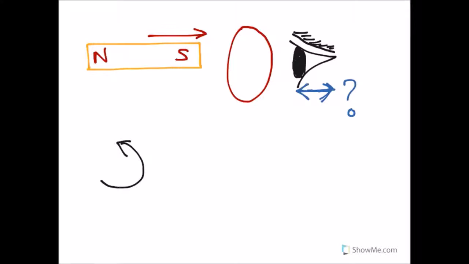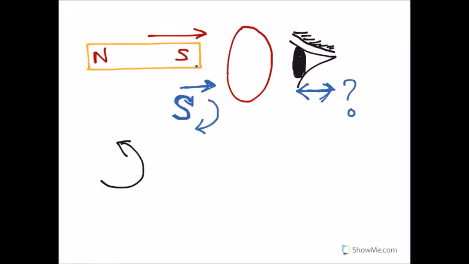Since the south pole of the bar magnet is moved towards the loop, if we look at the loop from this side, it should develop a south polarity to repel the south pole of the magnet, and hence the current should move in the clockwise direction if we look at it from this side.